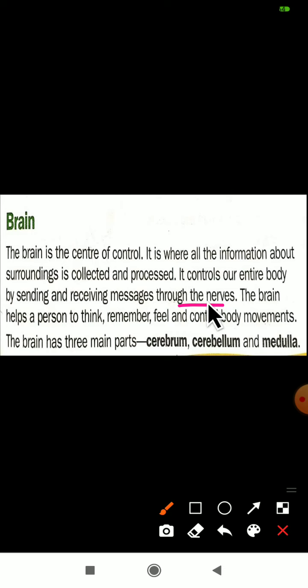With the help of the nerves we are receiving and sending the messages. The brain helps a person to think, remember, feel and control body movements.